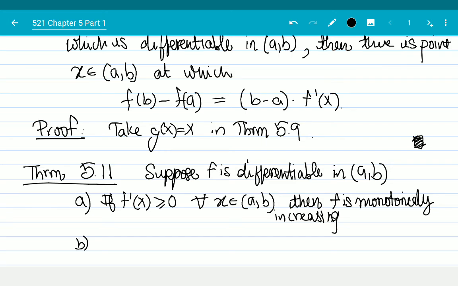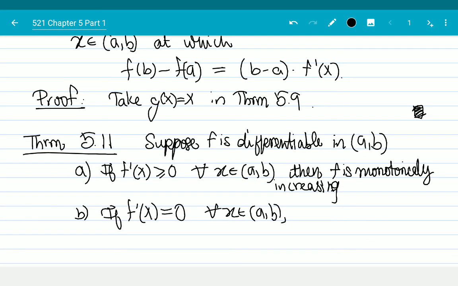B, if f prime of x is equal to 0 for every x belonging to (a,b), well, we said that the constant functions have a derivative of 0. We didn't say the other way around, but now we are. Then f is a constant. So basically, derivative equal to 0 if and only if it's a constant.